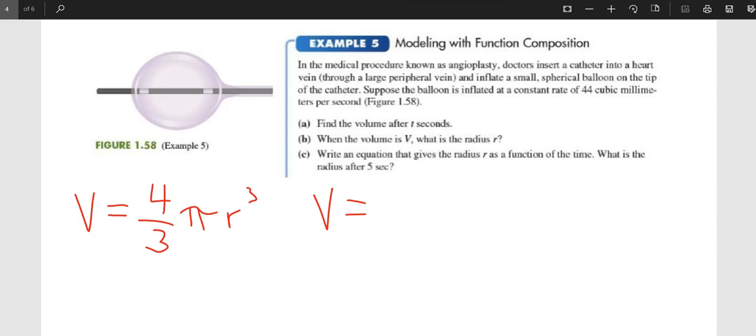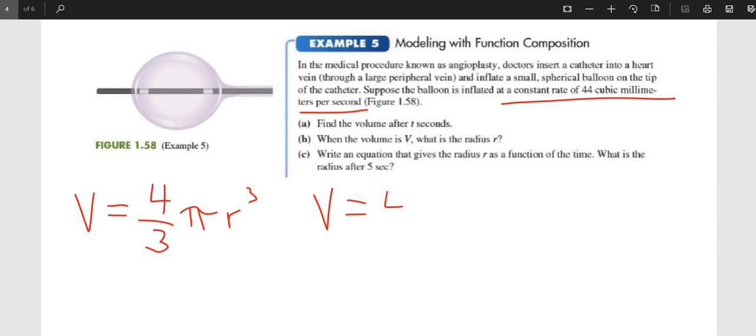All right, now, it says in this particular problem, the constant rate that they're blowing this up at is 44 cubic millimeters per second. So whoever's on the other end of this balloon is pretty good. I mean, a constant rate, nice. Okay?